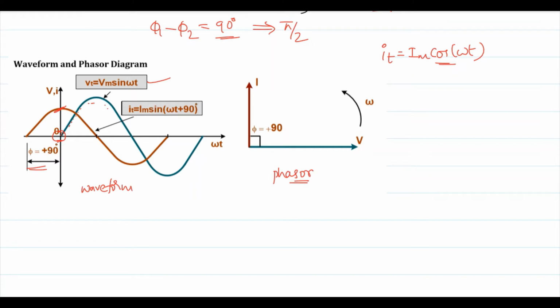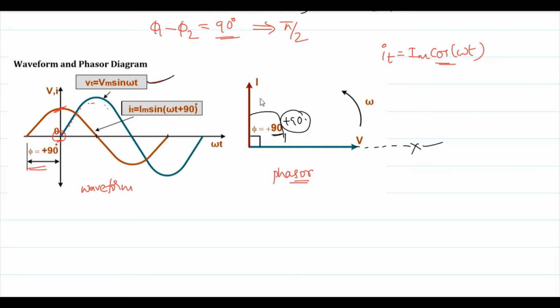In the phasor diagram here, I have considered this one as the reference line, the voltage, as it is a sine wave, which is the initial wave, so we keep it as the reference line. As the current leads by 90 degrees, meaning it is ahead of the voltage, that is plus 90 degrees, we need to represent the current above the reference line, with an extra phase difference of 90 degrees.